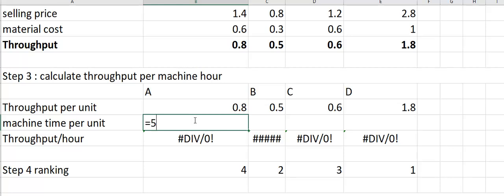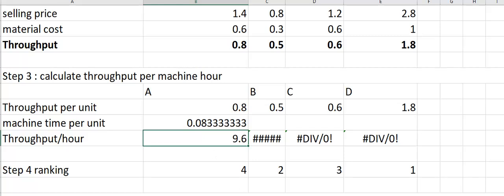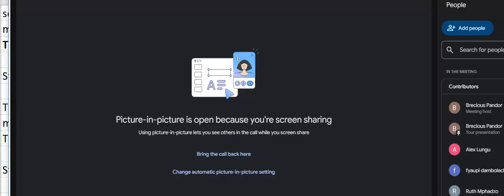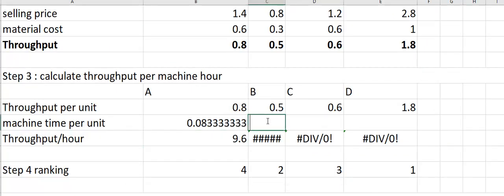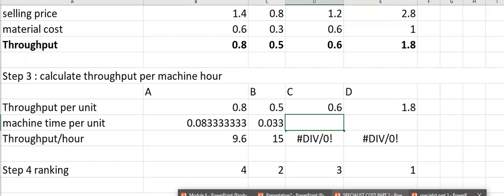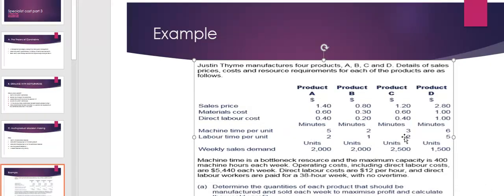Then for B, we have 2 minutes. So 2 divided by 60, 0.0333. Then for C is 3.